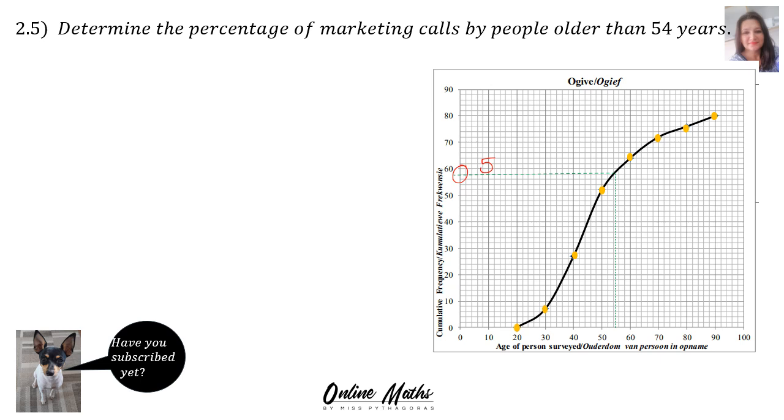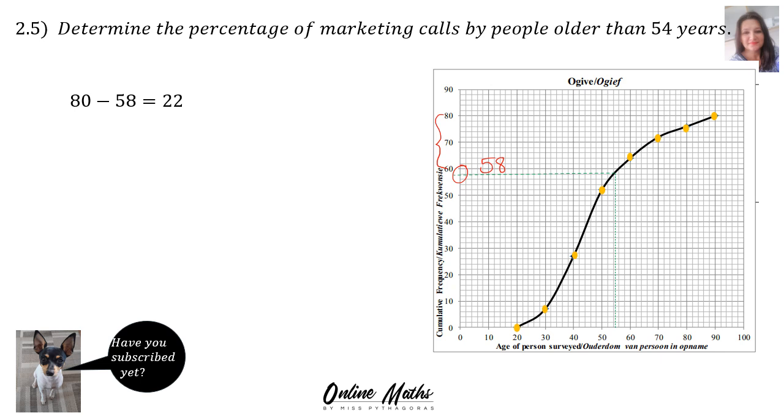So that is 58. But now you must remember they were asking for determine the percentage of marketing calls by people older than 54. So that means our survey, we had 80 people. So 80 people up to 58 is this bracket over there. So to find the percentage there, you will say 80 minus 58 is 22.